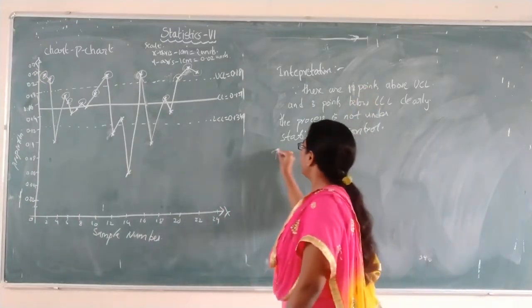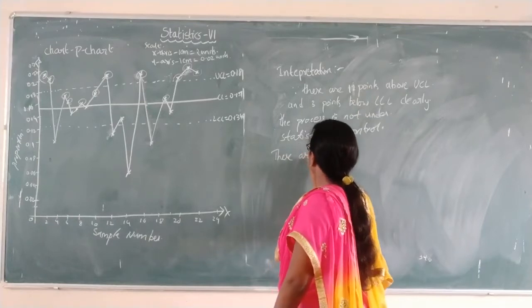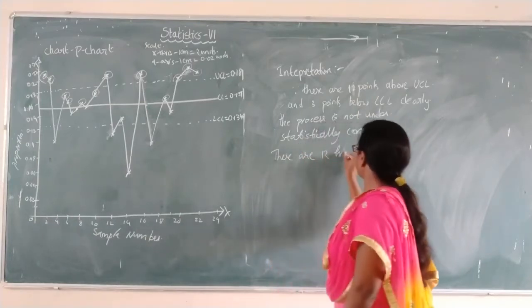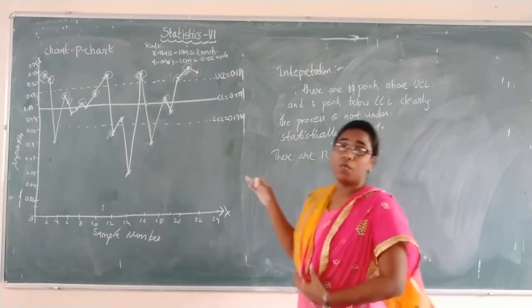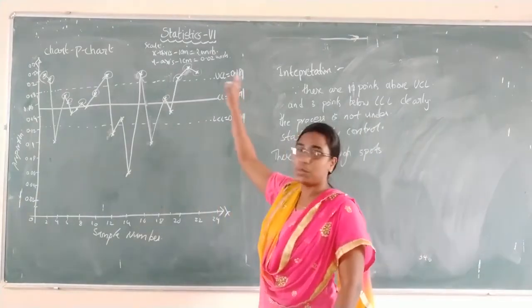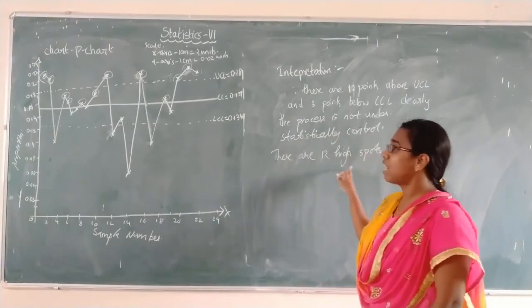That indicates there are 12 high spots. In a P chart, whatever points are above UCL are considered as high spots.